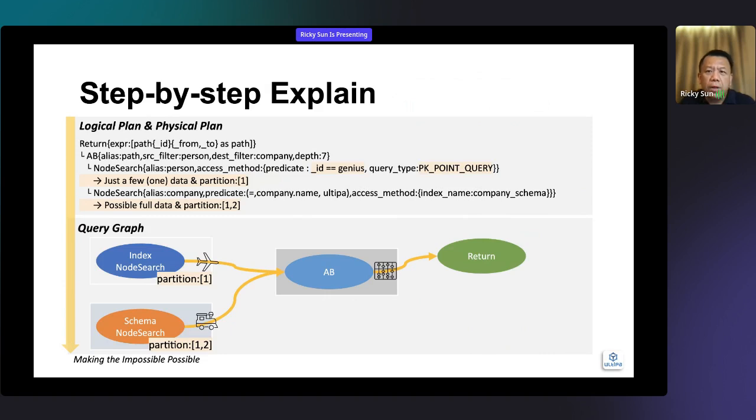And also, what we have done here is we know that the index search happens within partition 1, and the schema search actually spans across partition 1 too, right? All of these are done dynamically, right? On the fly.